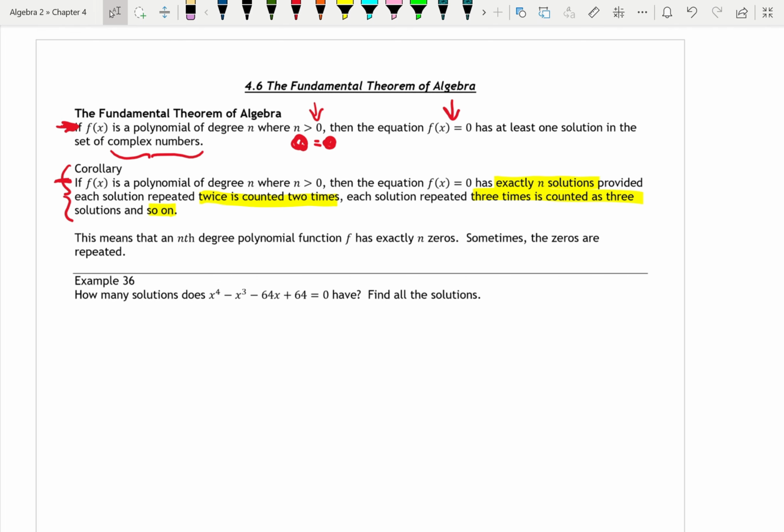If we have 4 answers that we know we need to find, we have a degree 4 polynomial, then you start looking for answers, and once you get to 4, you can stop searching because you know you've found them all. So let's read this last statement here. This means that an nth degree polynomial function f has exactly n zeros. So that's a good statement there. Sometimes the zeros are repeated, and that would be like a multiplicity.